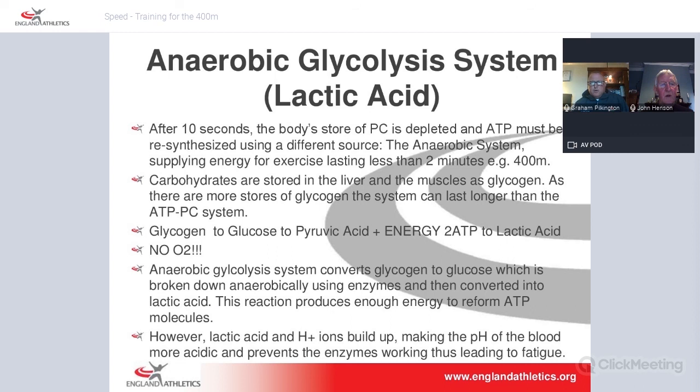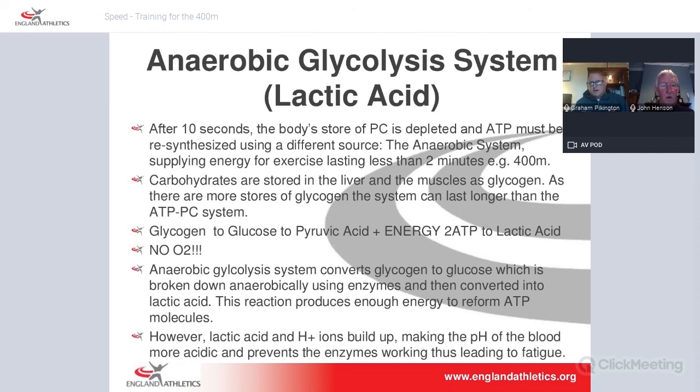And because there's no oxygen, what we get is glycogen changing to glucose to pyruvic acid, and then creating the energy, which turns to lactic acid. The anaerobic glycolysis system converts glycogen to glucose, which is broken down anaerobically.